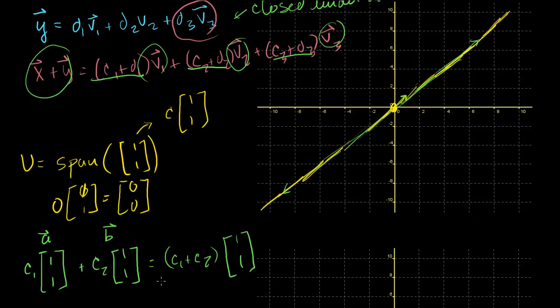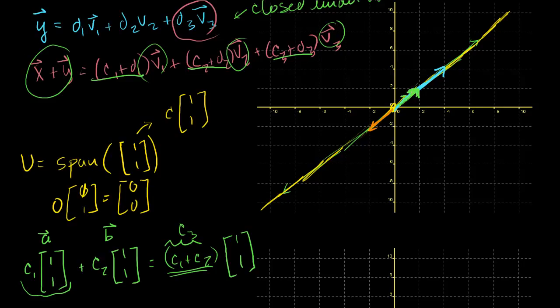Right? This is almost trivially obvious. But clearly, this is in the span. It's just a scaled up version of this. And this is also going to be in the span of this vector, because this is just another scalar. We could call that C3. And if you just do it visually, let's say I take that vector and I were to add it to this vector, if you put them head to tail, you would end up with this vector right there in green.